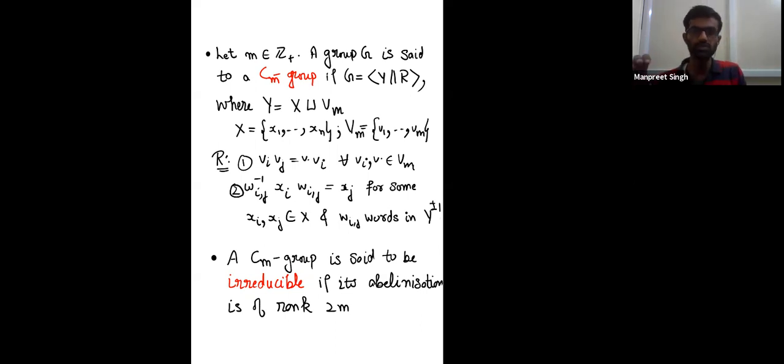Now we define a CM group to be irreducible if its abelianization is of rank 2m. So given an m, we want its abelianization to be of rank 2m. So basically CM groups are a special class of C groups, which was defined by Professor Kulikov.